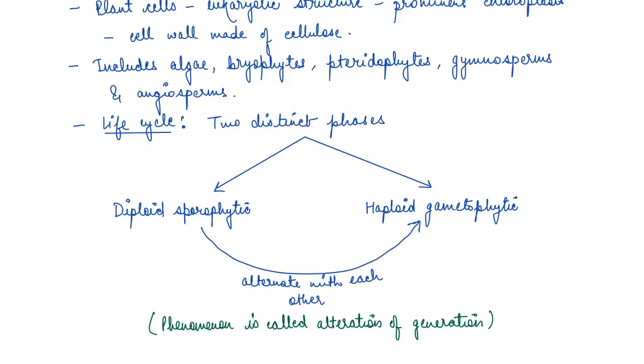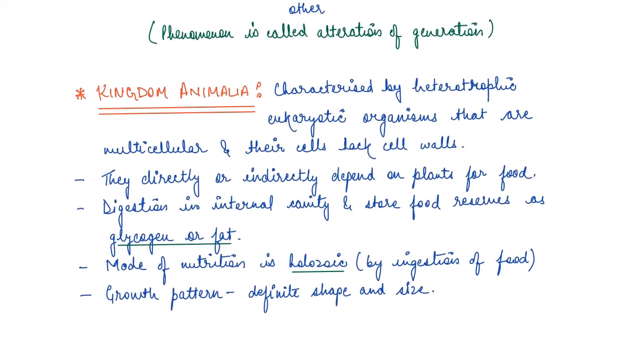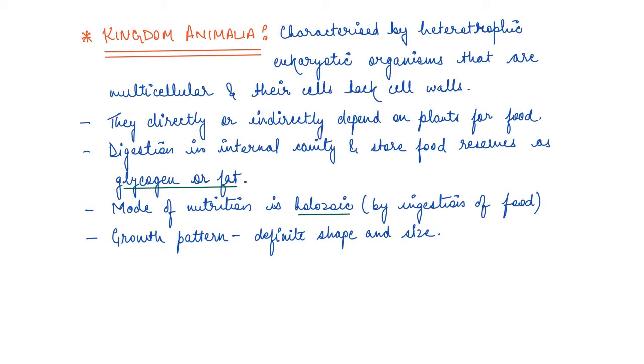Then they also introduce the kingdom Animalia, which is a group of heterotrophic eukaryotic organisms. They are multicellular. Their cells lack a cell wall, so always remember that they lack a cell wall. They directly or indirectly depend on plants or even animals for food, and they have a proper digestive organ system, wherein they store glycogen or fat.